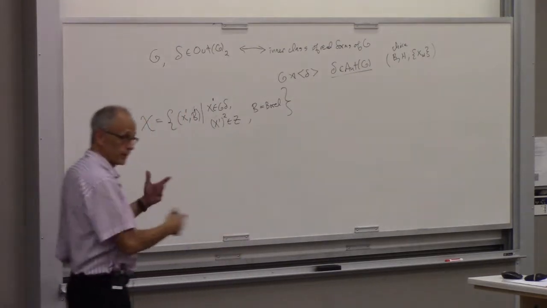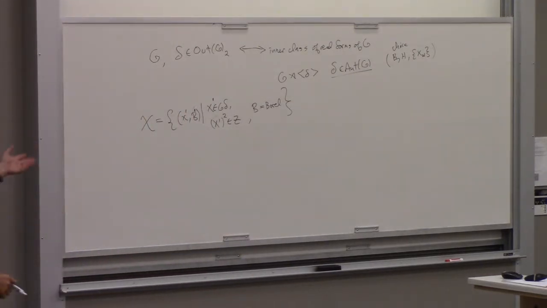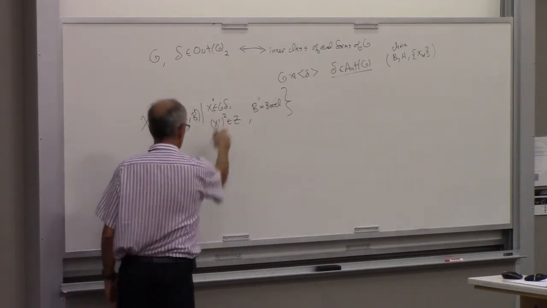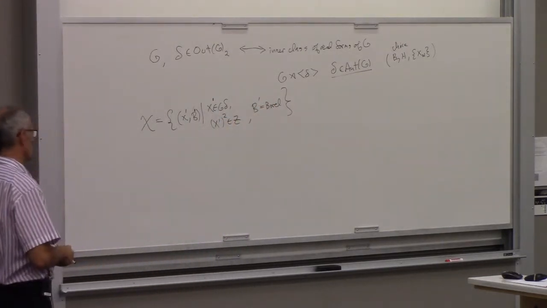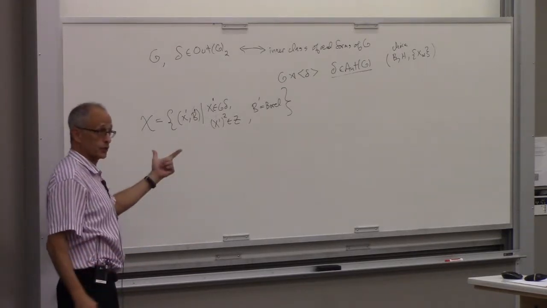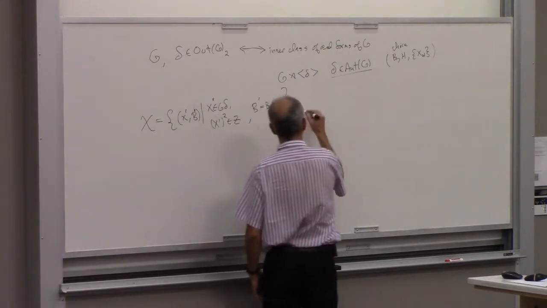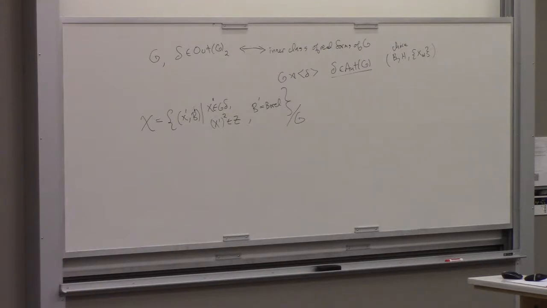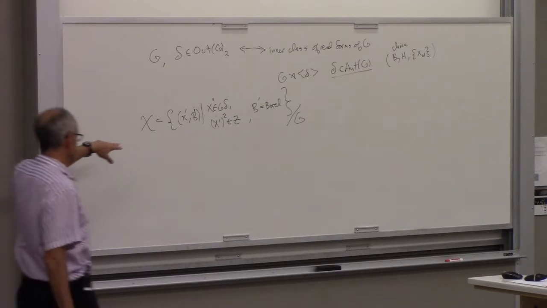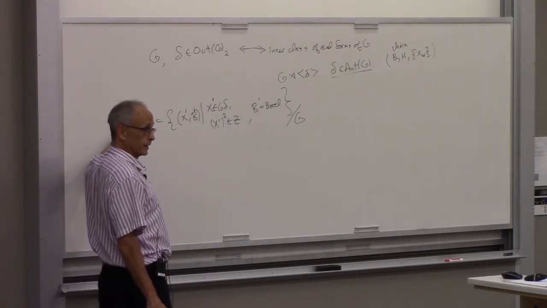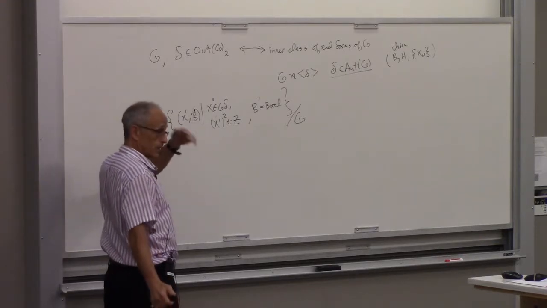No relationship between X and B, just these strong real form fellows. This is something whose square is central, and a Borel. That's a set. G acts on this by conjugation, and X is defined to be the quotient of this space by conjugation by G. So this is the space X that I was talking about. I defined it slightly differently, but you're about to see why.